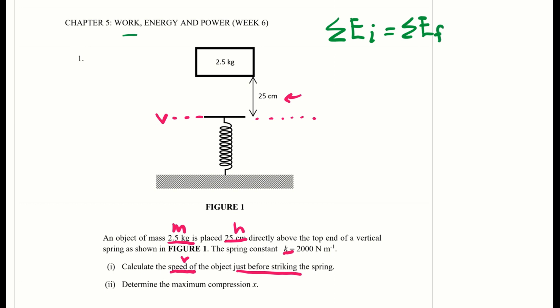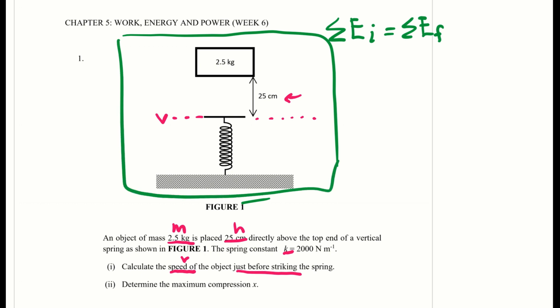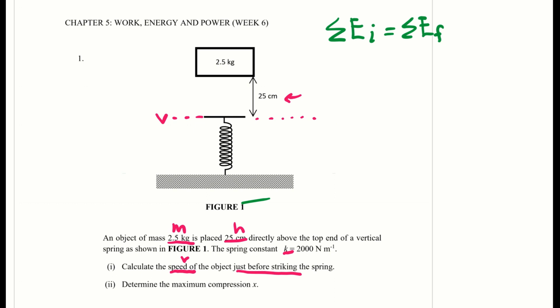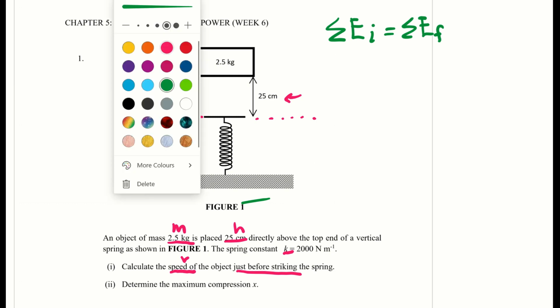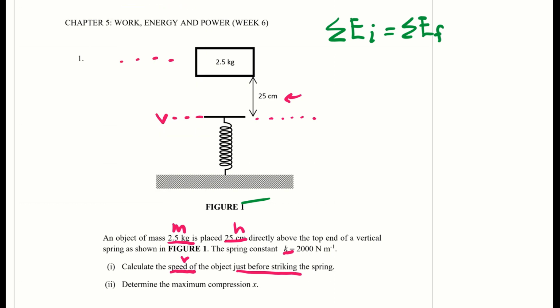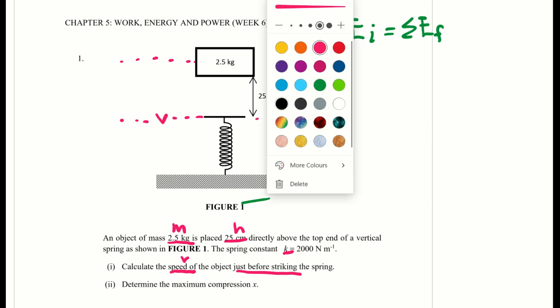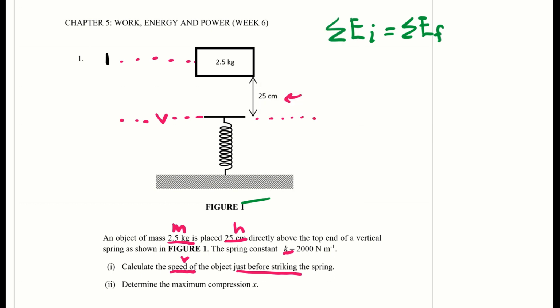So the total energy of this system is constant at any position. Let us label the positions: position 1, position 2, position 3.